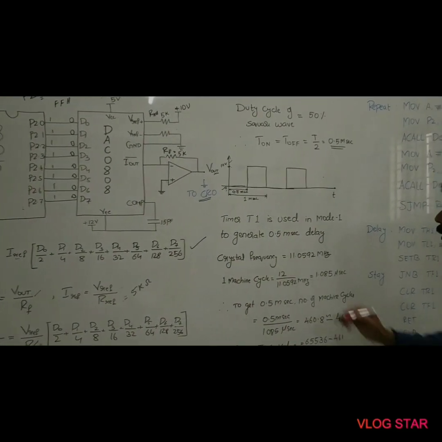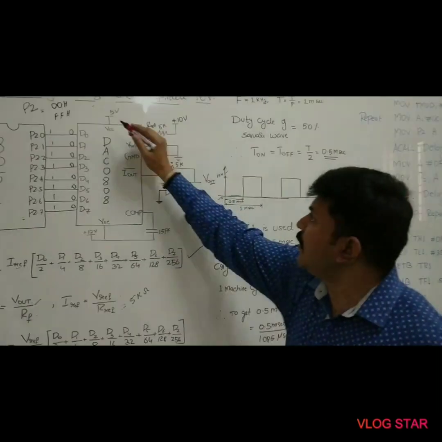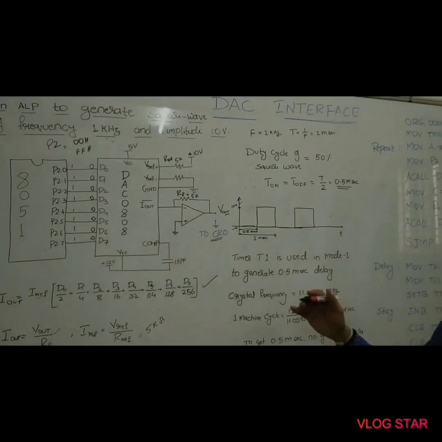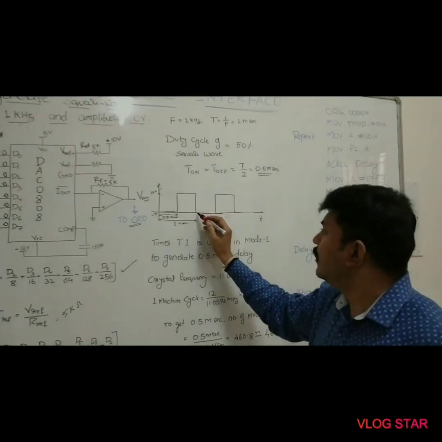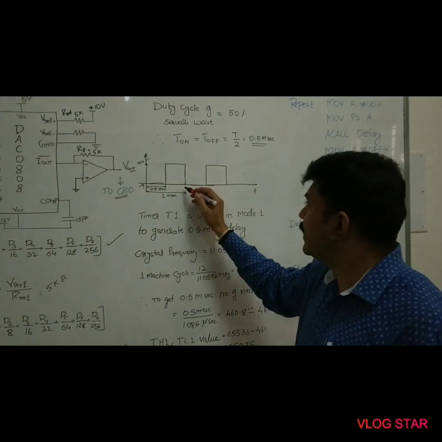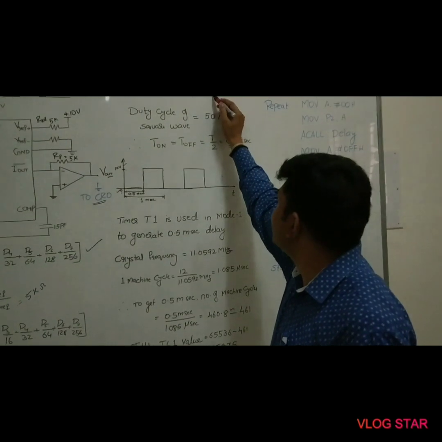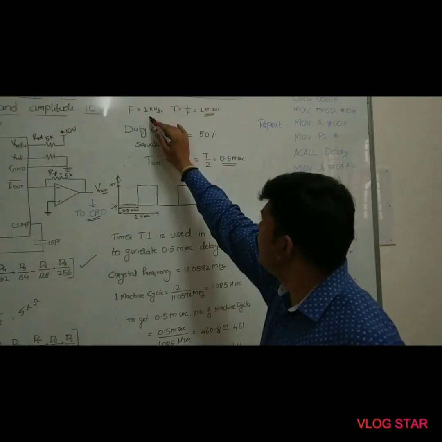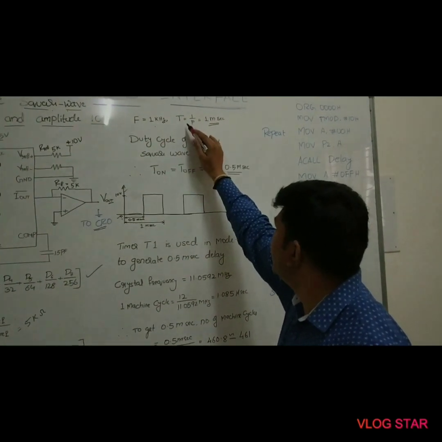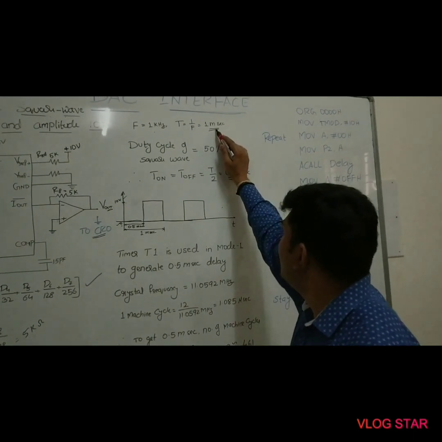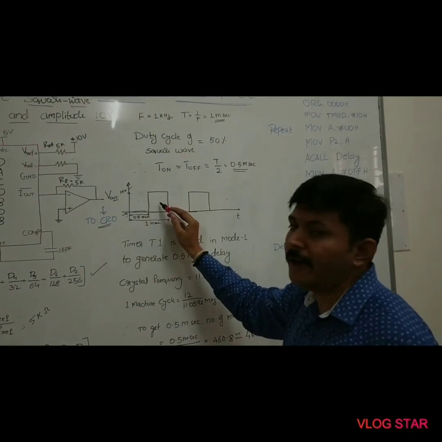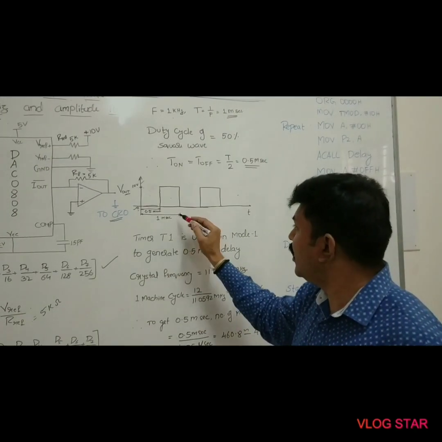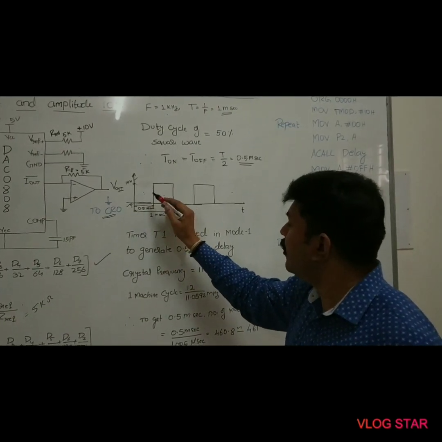Now coming to the frequency, he has told us to generate a frequency of 1 kilohertz. It means that I need to generate a square wave repeatedly at 1 millisecond, because 1 kilohertz is the frequency, then the time period will come to 1 millisecond. So every 1 millisecond there should be an on period and an off period.